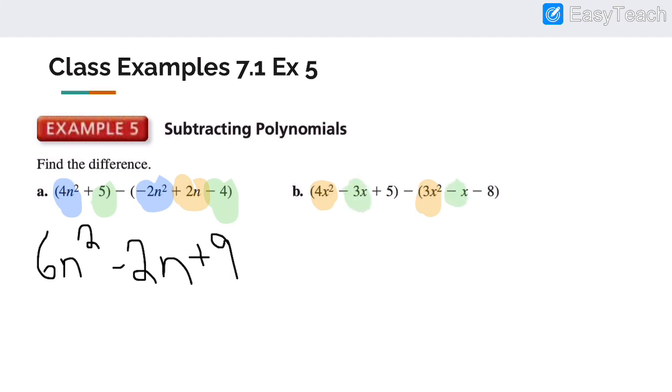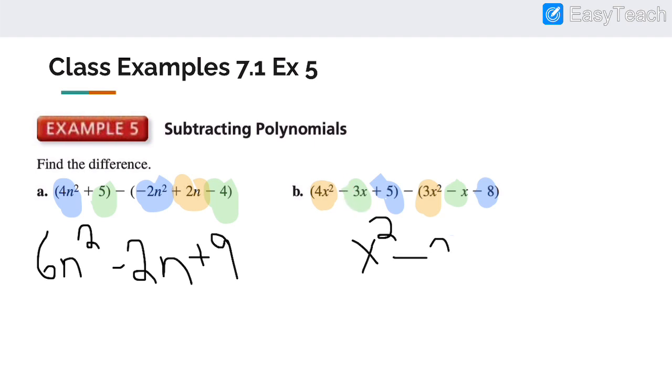Highlight my x values, and similarly highlight my constants. So 4x squared minus, remember there's a minus in between here, so 4x squared minus 3x squared is just going to leave me with x squared for this one. Negative 3x minus negative x, so negative negative is going to make this a positive over here, so it's really negative 3x plus x.